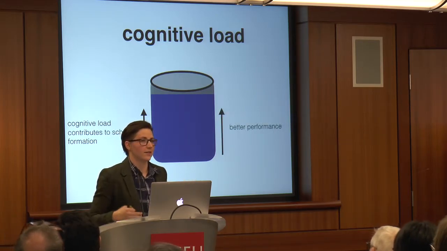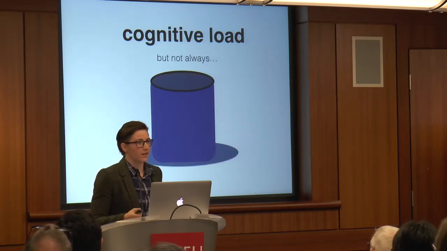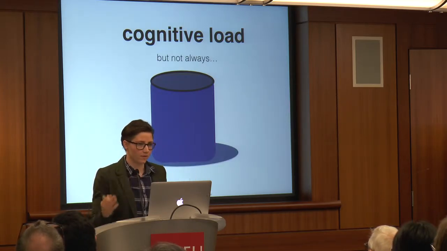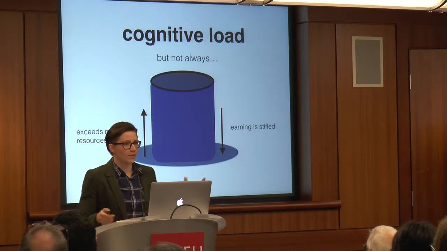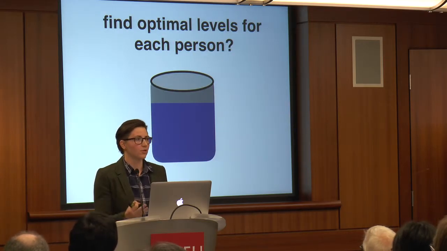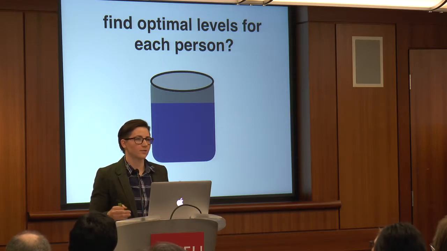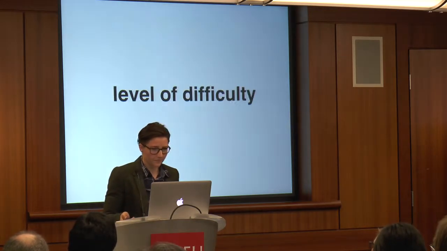So higher cognitive load can actually help performance. But if your cognitive load gets too high and overflows your memory resources, then learning can be stifled. So what we need to do is find some optimal level of cognitive load for each person to try to boost their learning.